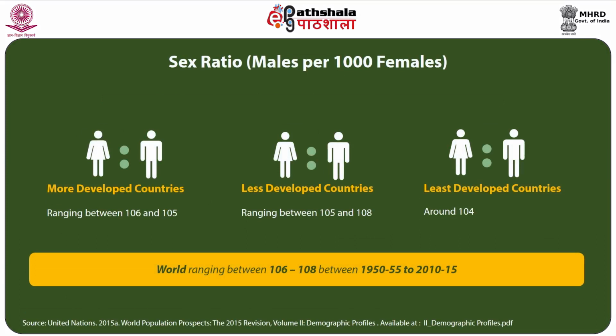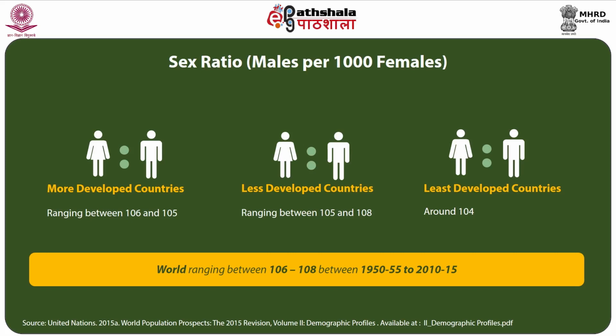Let's discuss sex ratio, which is an indication of the extent of gender bias that exists in society. If you look at the world as a whole, the sex ratio was 106 to 108 from 1950 to 55 through 2010 to 2015, indicating clearly that there are more males than females worldwide, with a little variation.